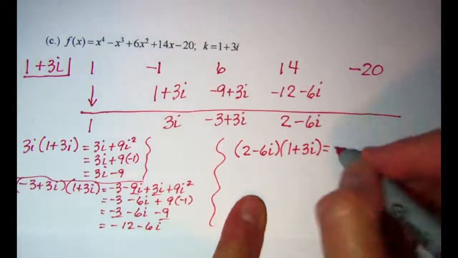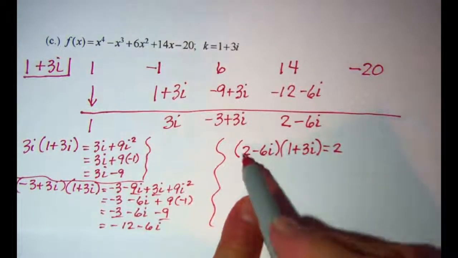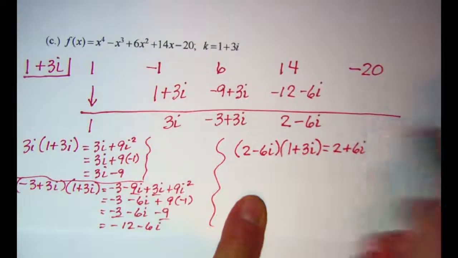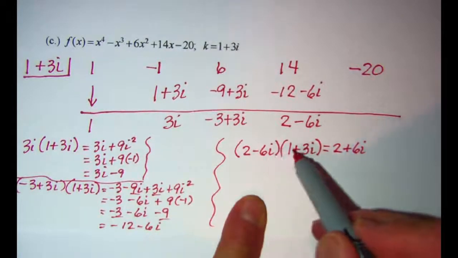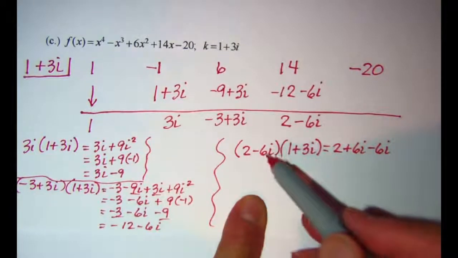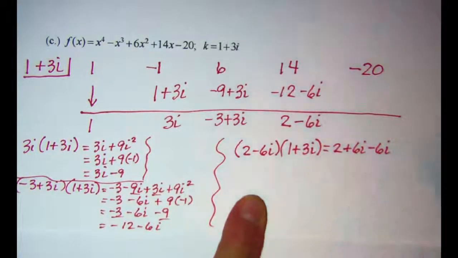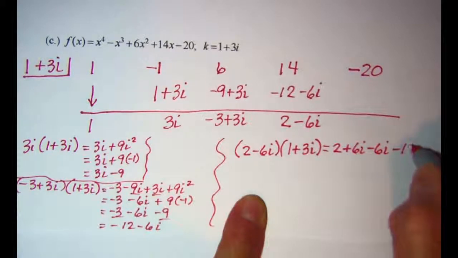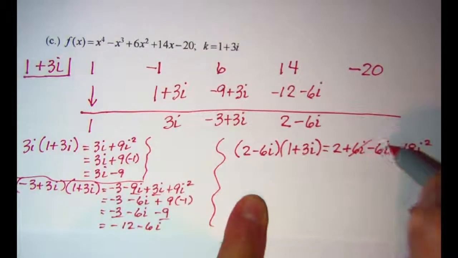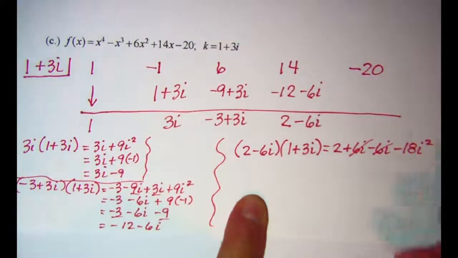2 times 1 is 2. 2 times 3i is 6i. Now my inners, negative 6i times 1 is negative 6i. And negative 6i times 3i is negative 18i squared. And I can see that 6i and negative 6i cancel.